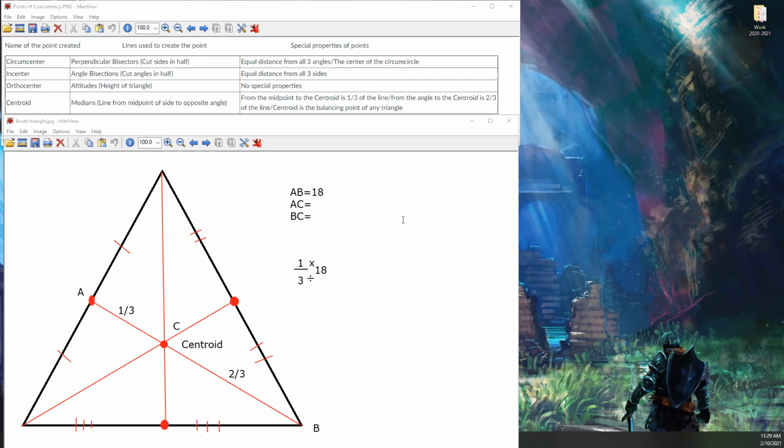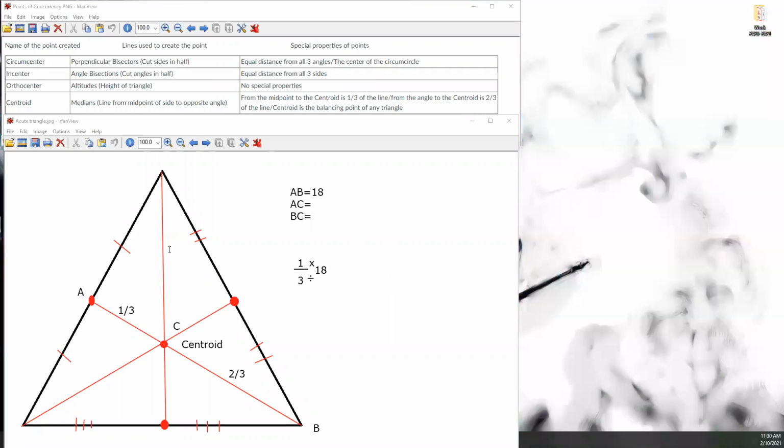And the order doesn't matter. So long as you do both functions, you'll end up with the right answer. So 1 times 18 is 18, and then 18 divided by 3 is 6. That's 1/3 of 18. That's 18 times 1/3.